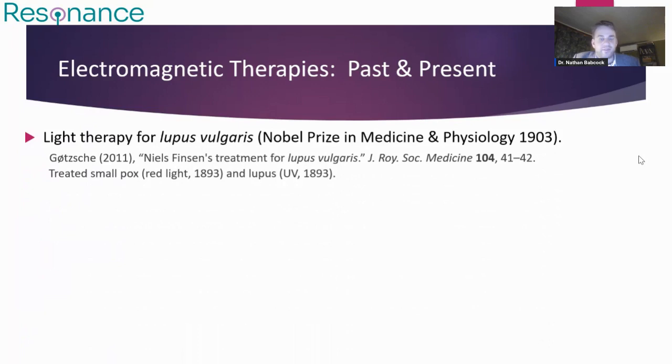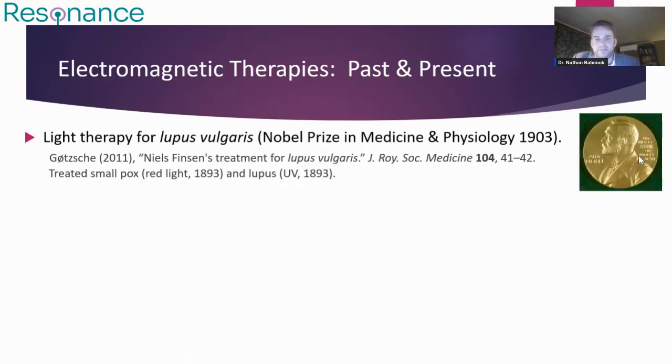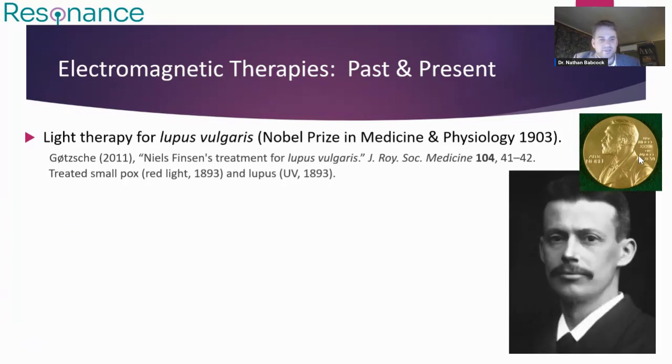A number of therapies have been very successful and have led to, in fact, quite prestigious awards, such as the Nobel Prize in Medicine, which was awarded in 1903 to Niels Finsen for his treatment of lupus vulgaris. That's a form of skin tuberculosis that he was able to treat successfully in 1893 with UV light.